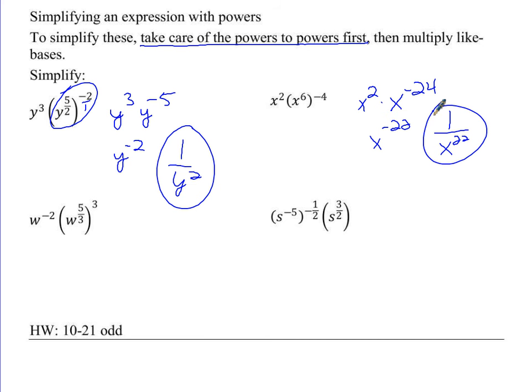Okay, the bottom two are very similar to the top two. See if you can handle those. So what do we need to do first on that W one? Exponents. Powers to powers, multiply your exponents, that's right. So what do we get?